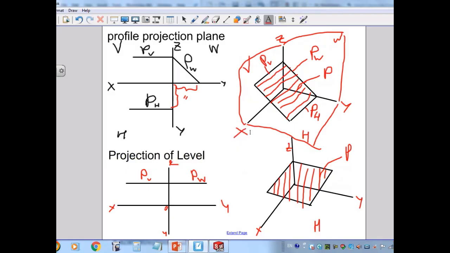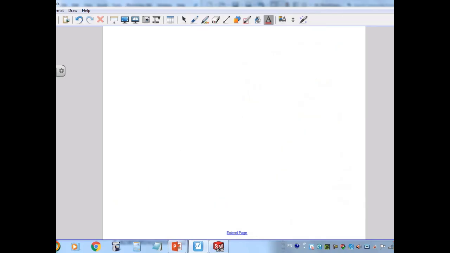Those are the planes, and one more plane we call the bisecting plane. It bisects, dividing one quarter of the space into two equal halves.